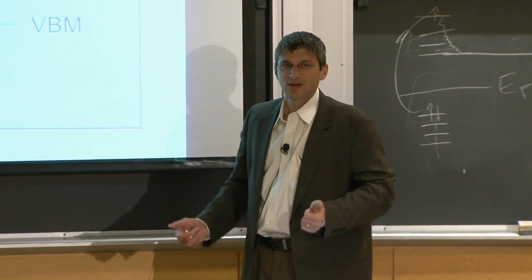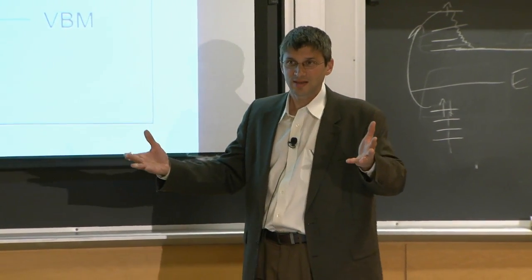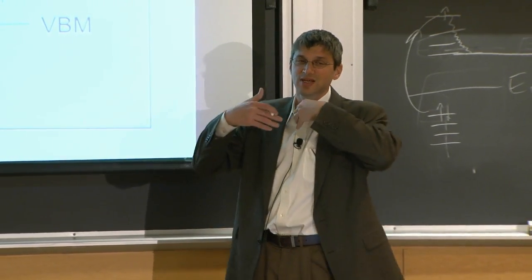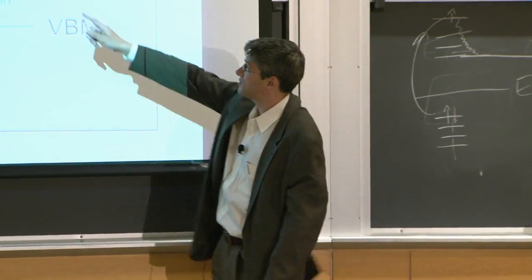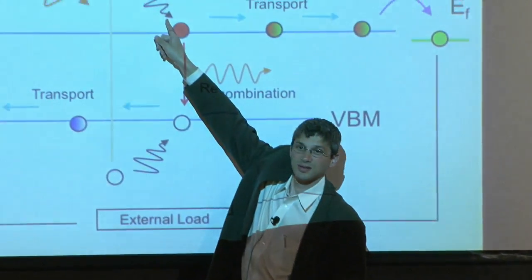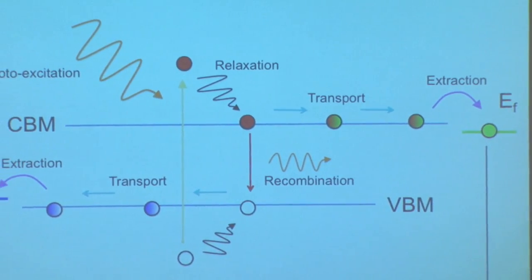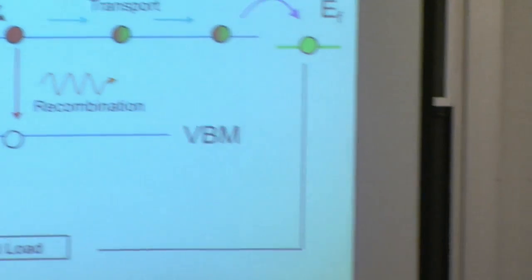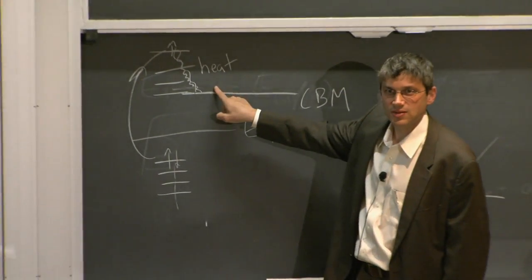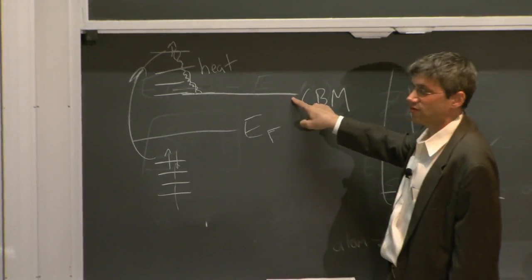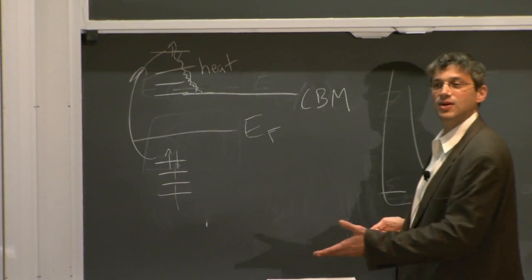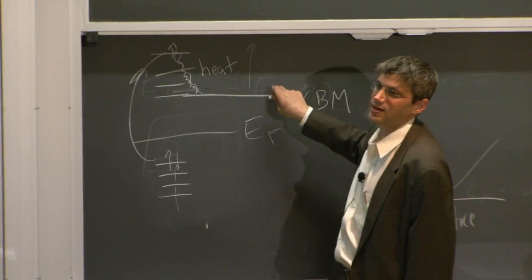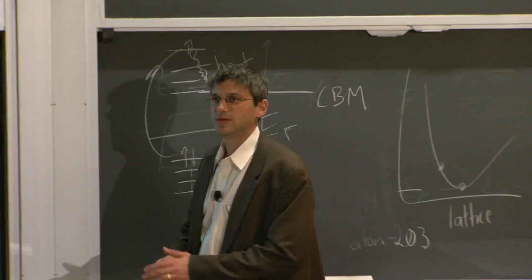And most of them are going to just heat, wasted heat. Most of that sun's energy is wasted heat. And that's because of this, right here, right? So this is just heat here. It's just heating the material. And then this is the energy or the voltage, if you want, that you can pull the electron out, that conduction band. All the other energy that you might have had is lost, right?